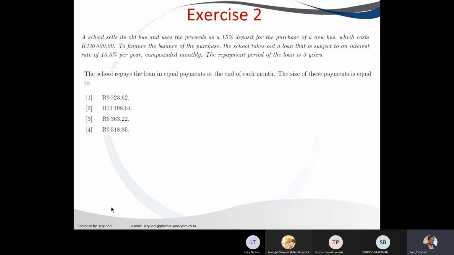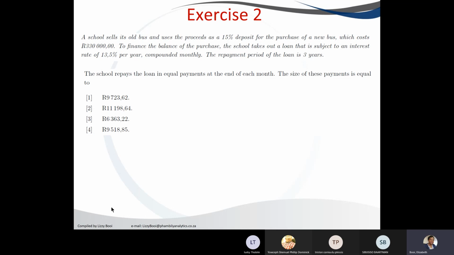With the loan, you receive the money now. When you are saving, you get the money at the end. So this is a present value amount, because we need to calculate that present value first. What will be that present value in the chat? What is the present value?